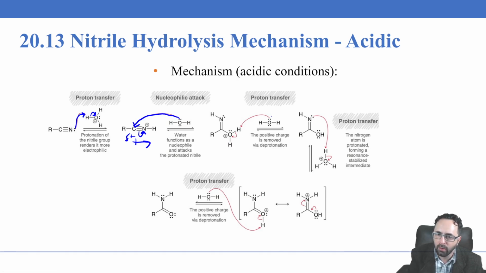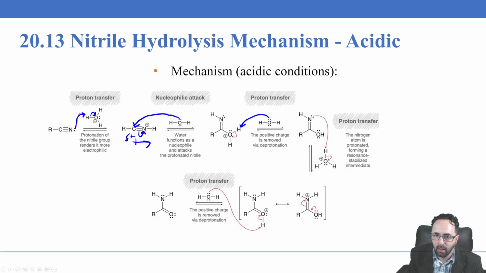Next, we're going to have a deprotonation of the water, because now notice that this water attacked here, it now is making 1 bond to the carbon, and it has 2 other bonds to hydrogen and 1 lone pair, so that gives it a positive formal charge. And so we'll recover our acid.